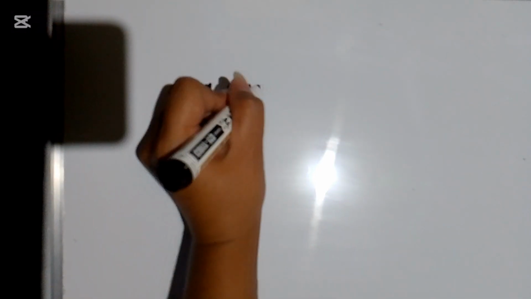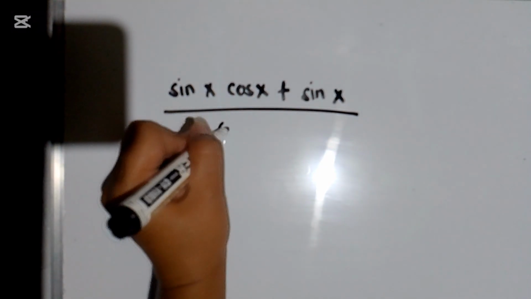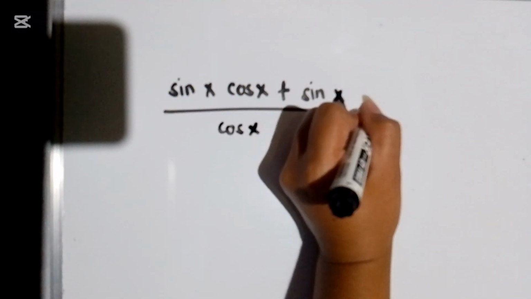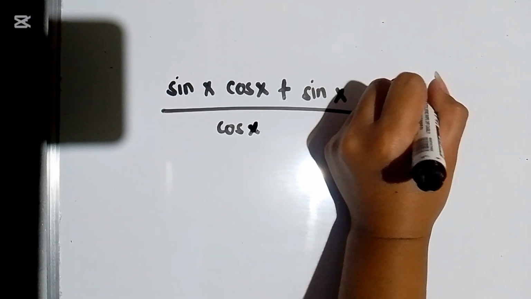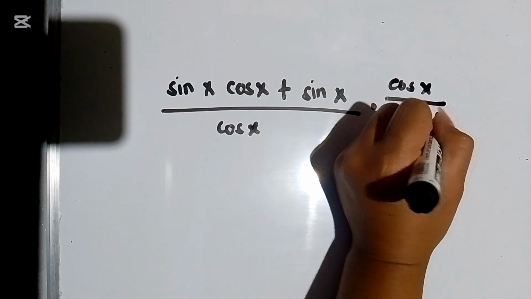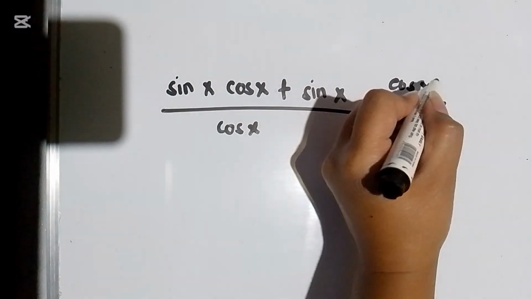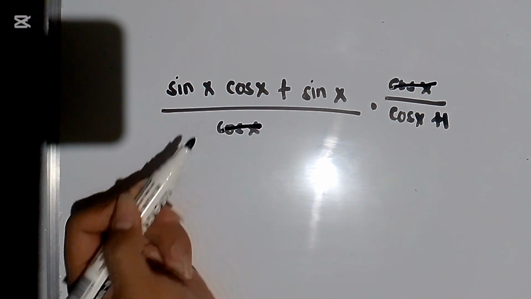Since the fraction is complex, let's simplify by getting the product of this fraction. (sin x cos x + sin x) over cos x, multiplied by cos x over (cos x + 1). Next, we cancel out the terms that are the same. So let's cancel cos x here and here.